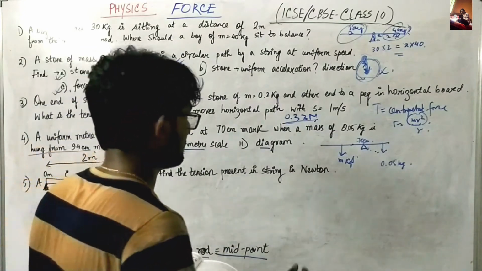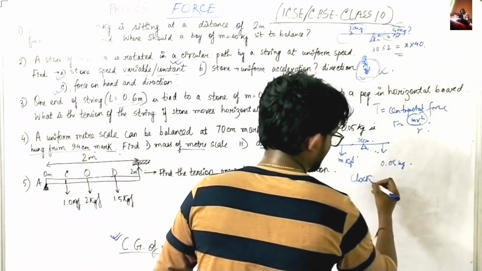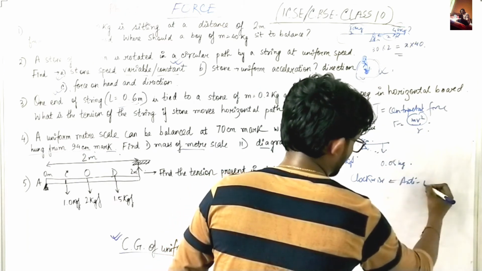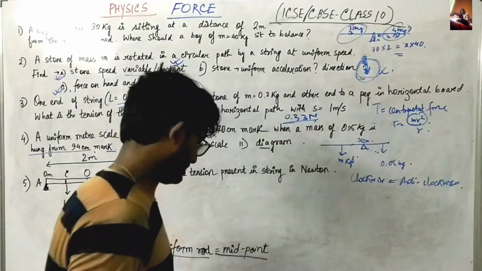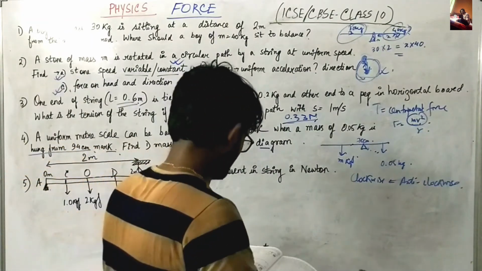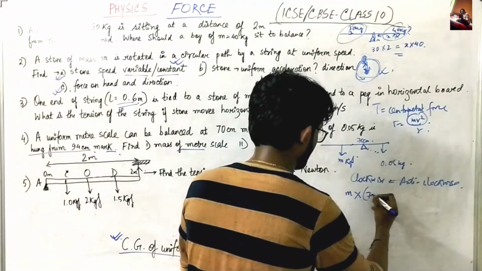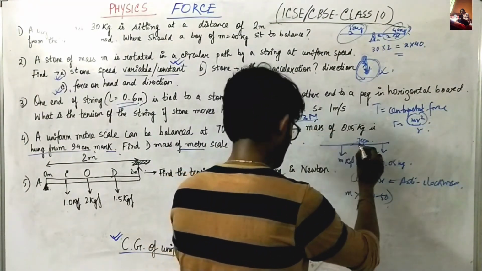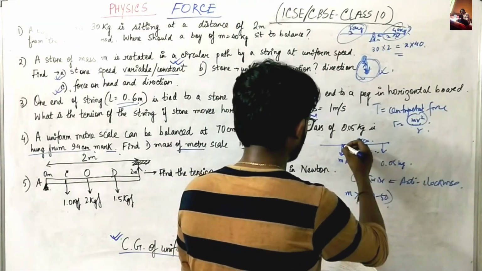So over here always remember these two parts. Clockwise moment will always be equal to anti-clockwise moment, otherwise equilibrium won't happen, guys. So for the clockwise moment it will be the mass that we are taking and 70 minus 50. Why are we doing 70 minus 50? This is 70, so if this is 70, suppose this is 50.